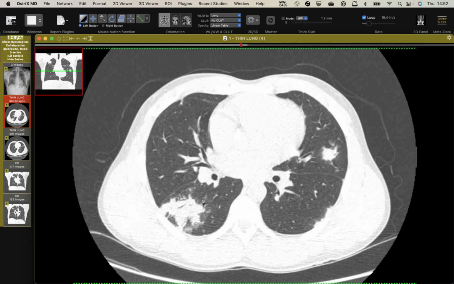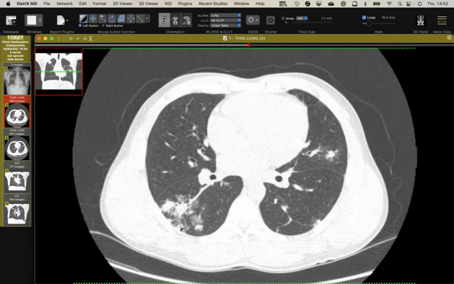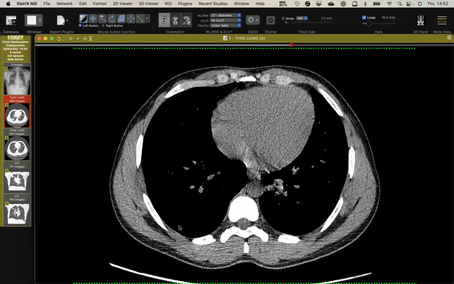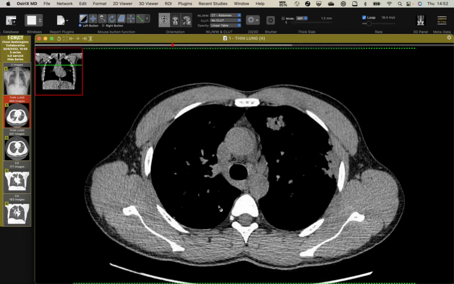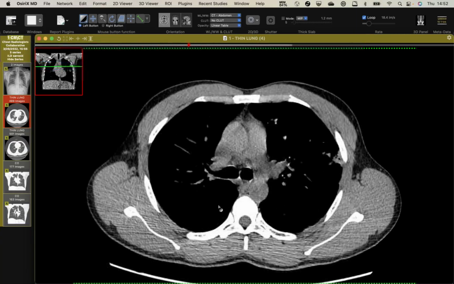Kind of looks like organizing pneumonia, but it's a little ratty around the edges. Usually, in my experience, it tends to follow lobules more, and has a little bit of a nodule component to it. I think that was the only finding. Yeah, there's some mild lymph node enlargement, but nothing to get super excited about.